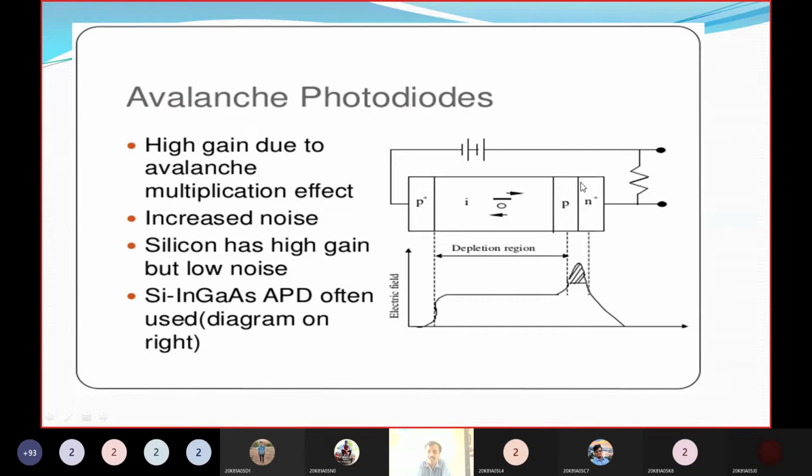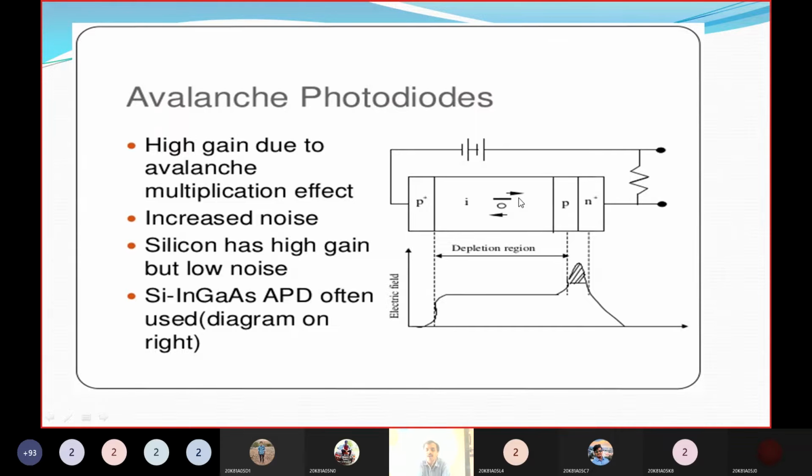Because of this electric field, in the intrinsic region an electron will be released due to the incident photon, that is the photoelectron. That photoelectron is accelerated by this electric field.